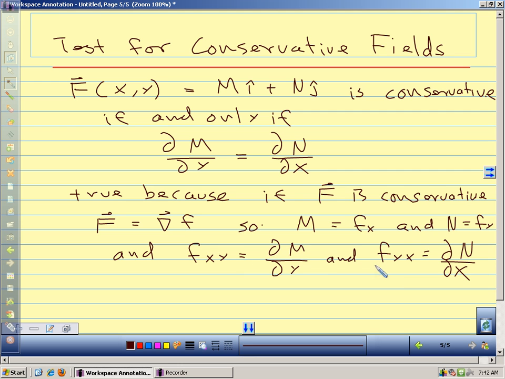And what do we know about the mixed partials? Mixed partials are equal.